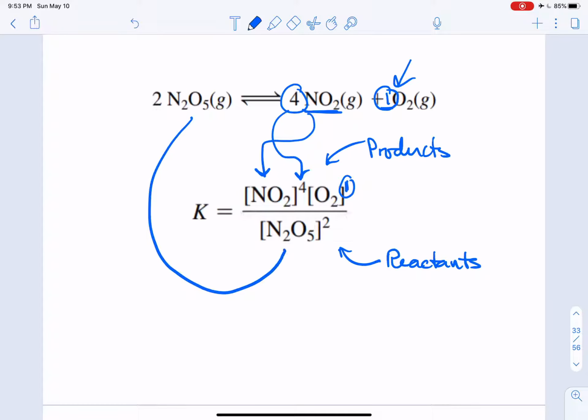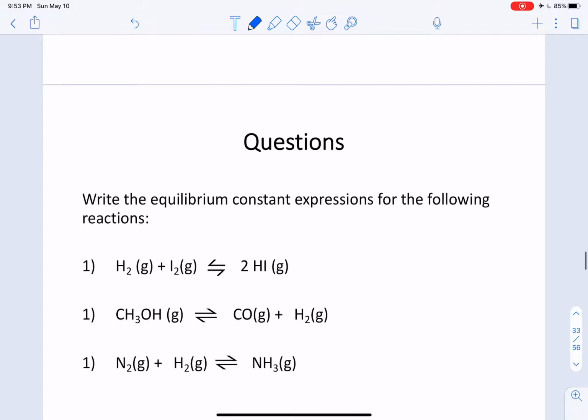And we did that. We put that right there. And the coefficient on N2O5 is 2, and so we raise the concentration of N2O5 to the 2nd power. So right here, this is the equilibrium constant expression for this reaction right here. So let's practice a few.